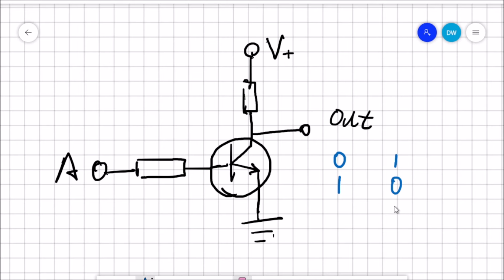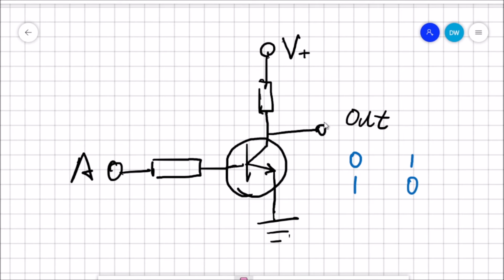That's basically the function of a NOT gate, isn't it? An inverter. Because with a low here, the transistor switches off, all the current goes out, and gives us an output high. If we apply a voltage here, current goes in, switches on the transistor, and current flows into the ground, giving us a logic low. So that's a NOT gate.